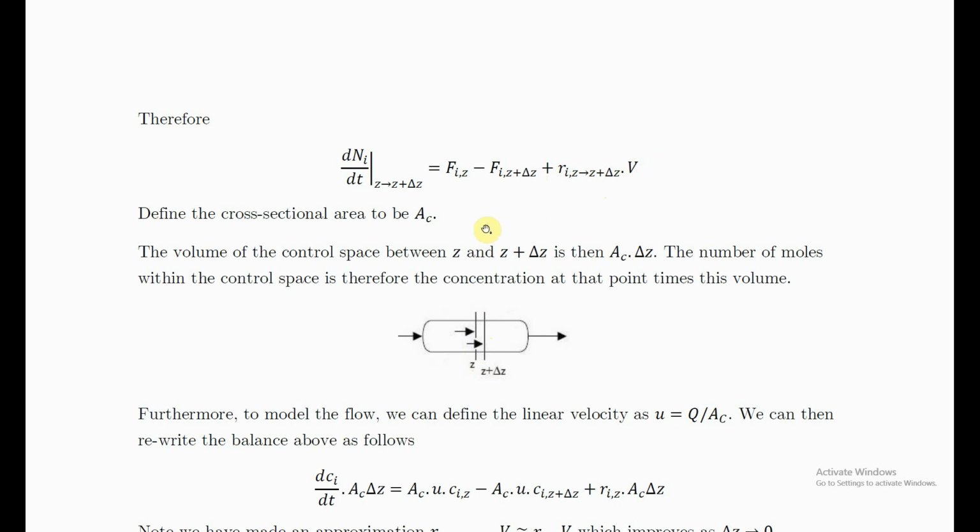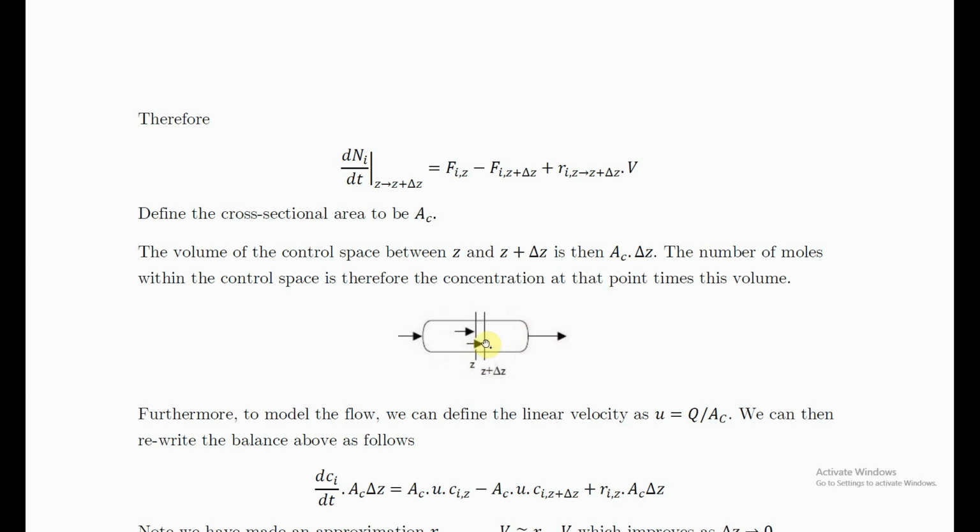To define that, let's define the cross-sectional area to be A sub C. And then the volume between Z and Z plus delta Z is, of course, AC delta Z. We are assuming a constant cross-sectional area. It's not some kind of weird tube with tapered ends. We're not talking about some outer surface area.